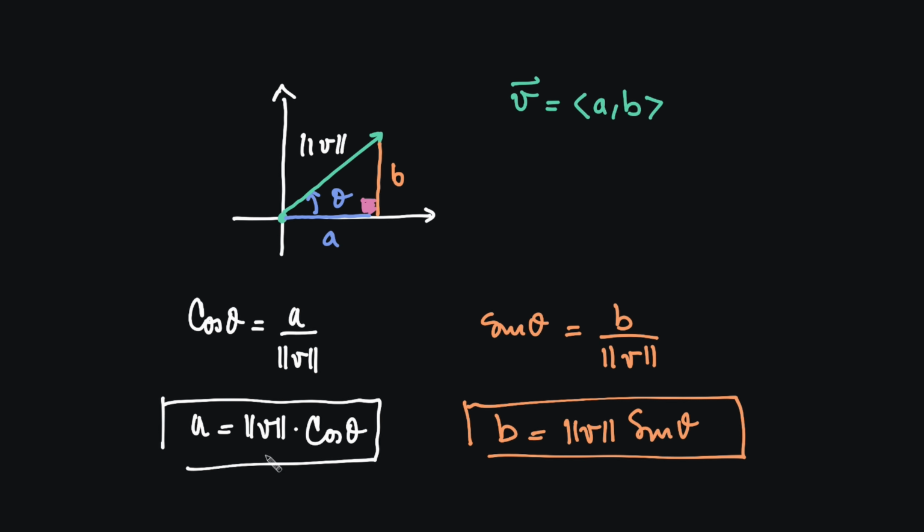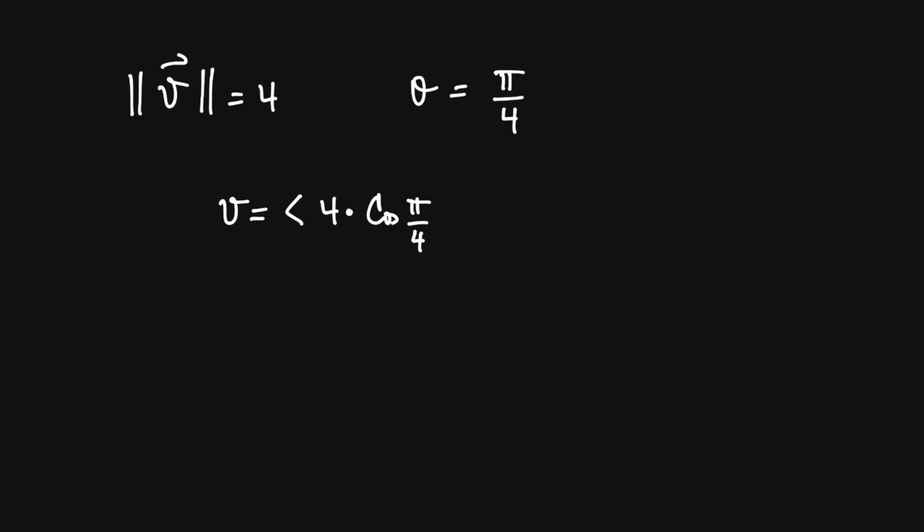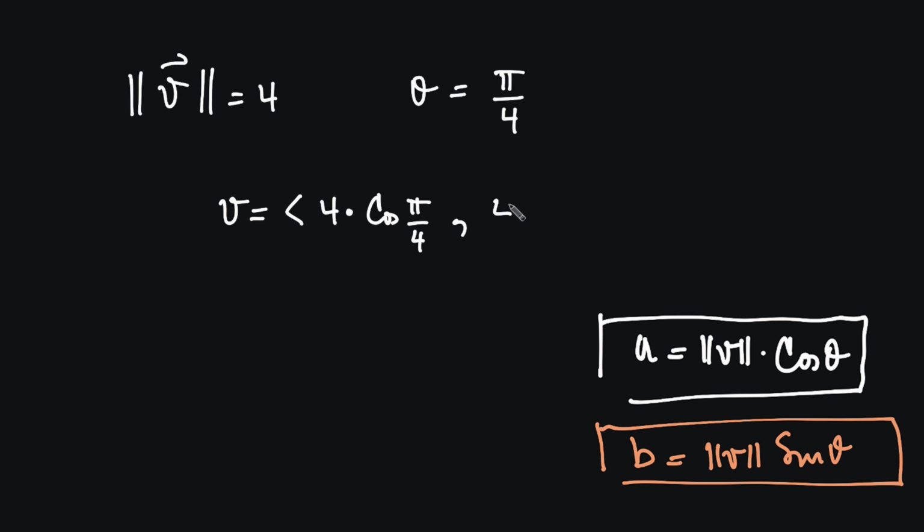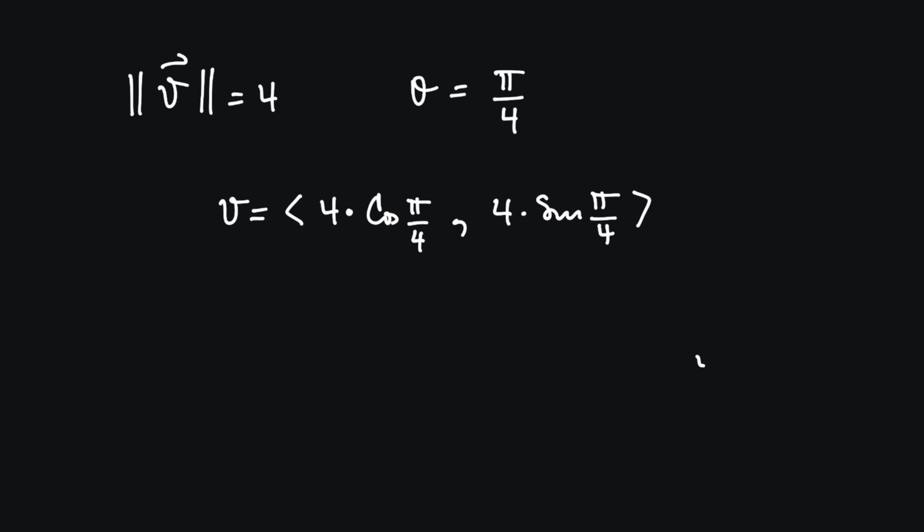Remember, a can be found by multiplying the magnitude times cosine of theta, and b can be found by multiplying the magnitude times sine of theta. So this is our horizontal component, and we can find the vertical component by multiplying 4 times sine of pi over 4. We know that pi over 4 is basically 45 degrees.